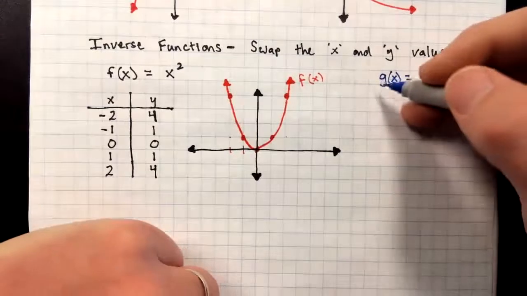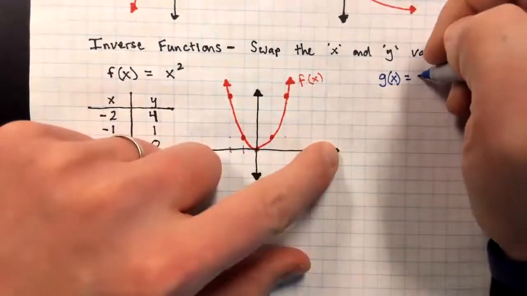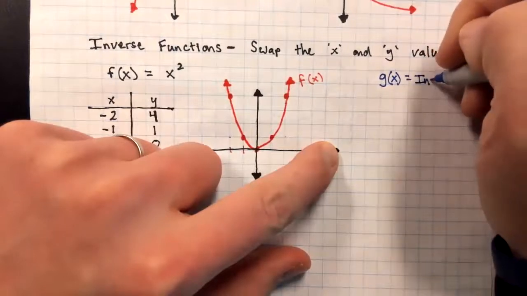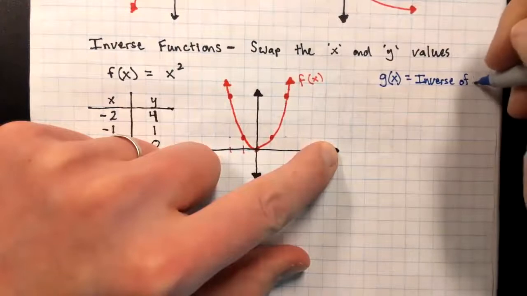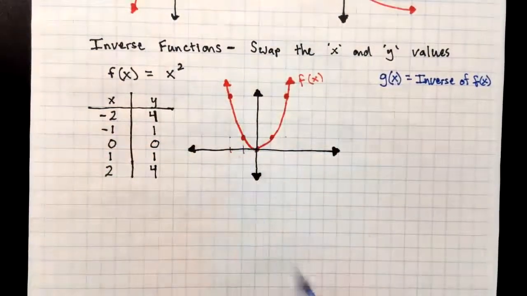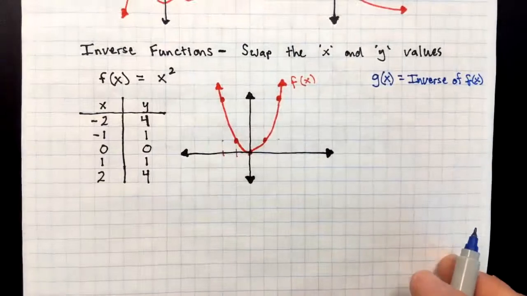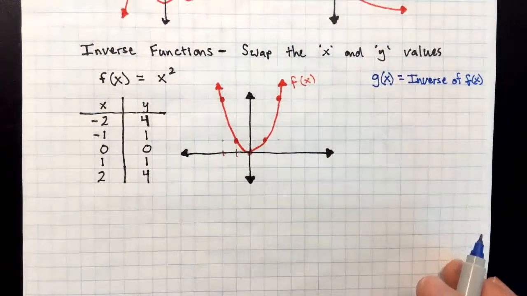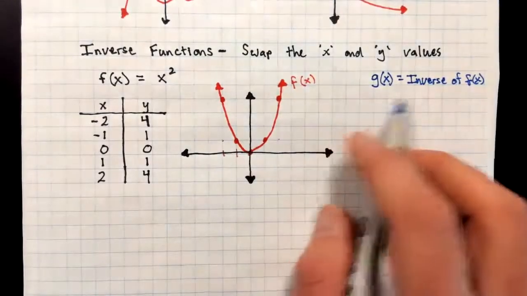So g of x, this new function, we're going to call this one the inverse of f of x, the inverse of our original function. It's really easy to create too. I'll show you all about how to do it. And then we're almost done for the day. These are all the things that I really wanted to get through. So the inverse.